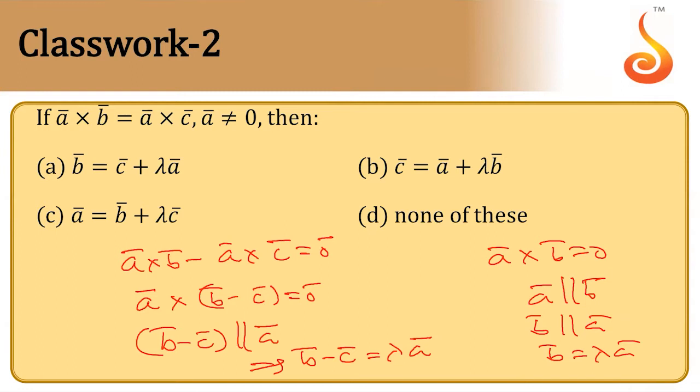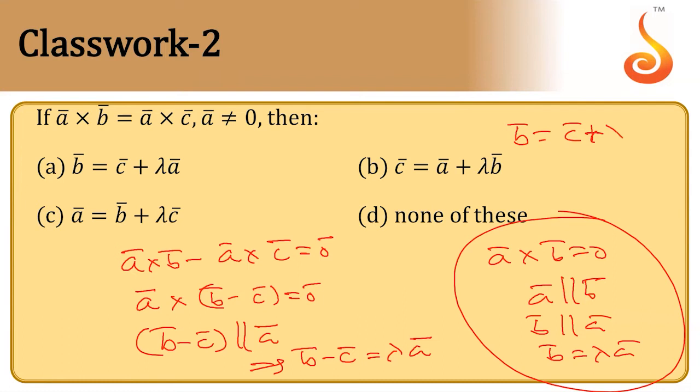Now what is the answer? Which is the right answer? This is a property. Do it slowly. Therefore B bar equals C bar plus lambda A bar. That is the final answer.